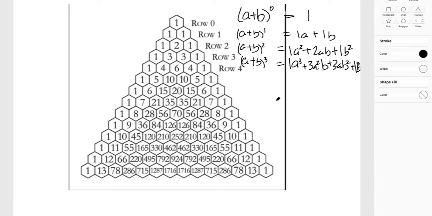Are you seeing what I'm trying to show you? The relationship between Pascal's triangle and the binomial expansion is that the triangle rows give us the coefficients to a binomial expansion, and that's what we're going to use for the next example.